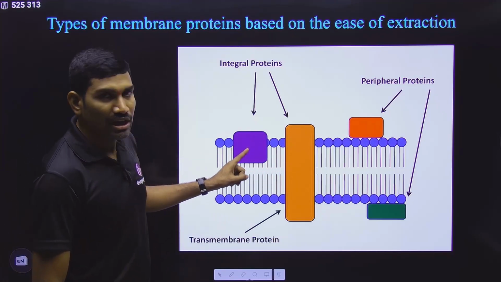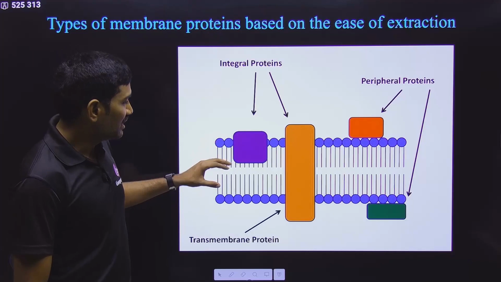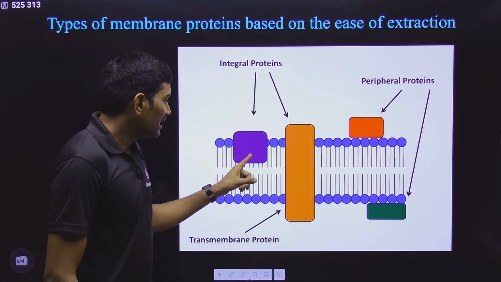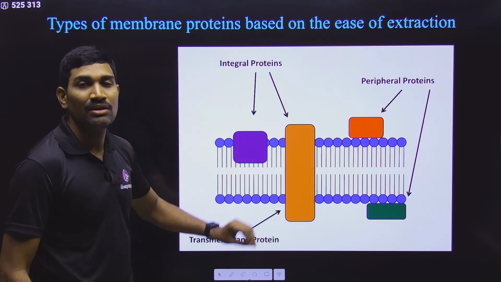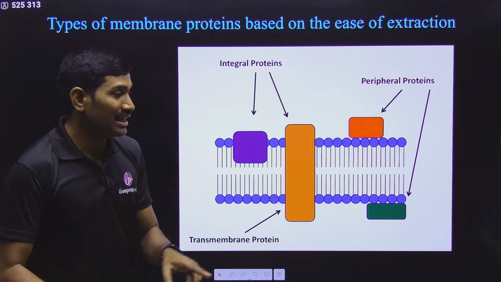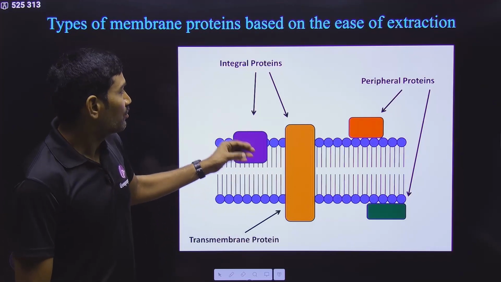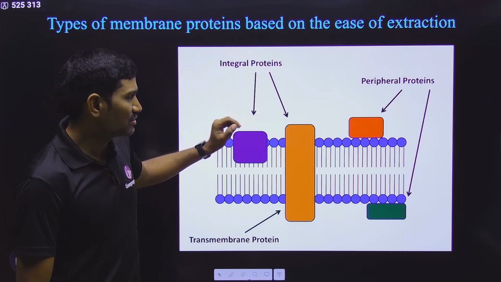If a protein is having interaction with hydrophobic tails, that means whether it is partially buried or completely buried, whatever it is, if some portion is having interaction with hydrophobic tails, it is difficult to extract. That's why they are called internal, integral or intrinsic proteins.